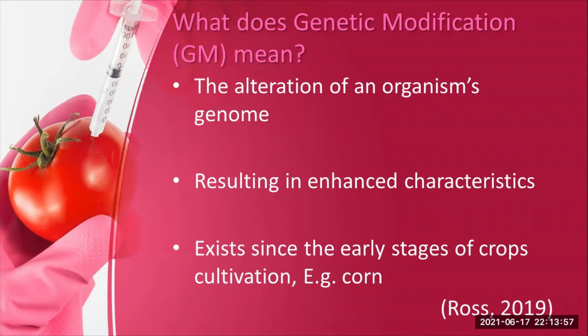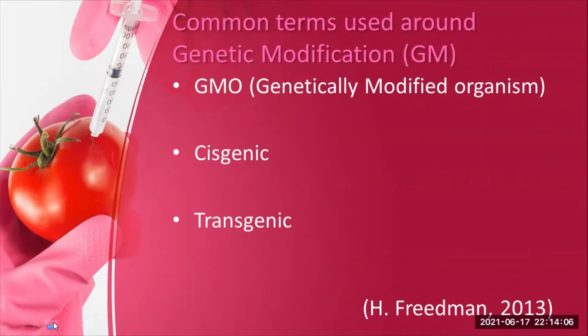One example of this is corn, and later on, we'll be getting more in depth about this corn specifically. Now, some terms that you should be familiar with are GMO, cisgenic, and transgenic. GMO stands for genetically modified organism, which, as its name suggests, is an organism that had its genome altered.